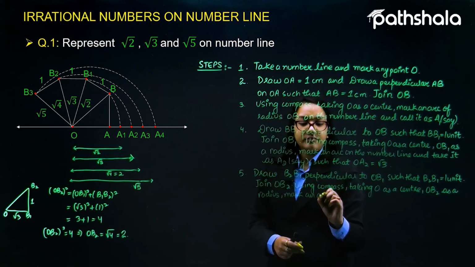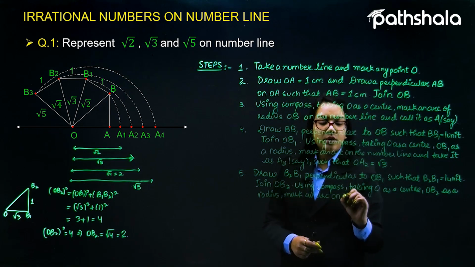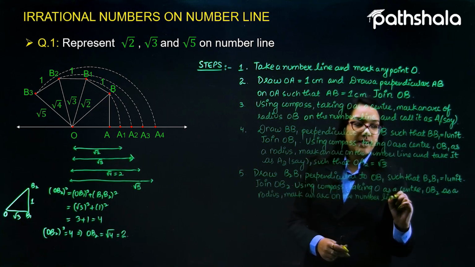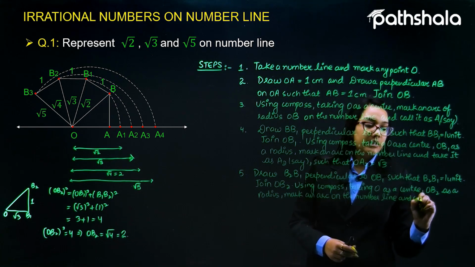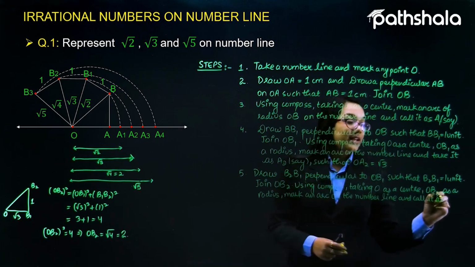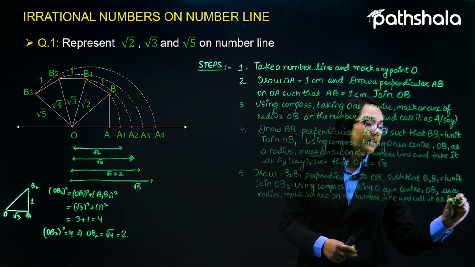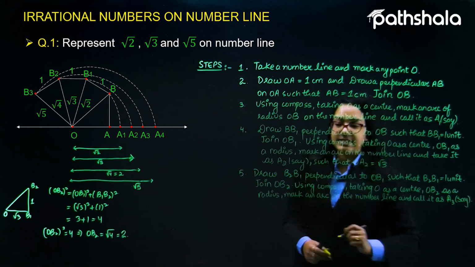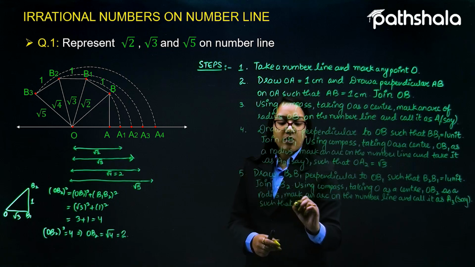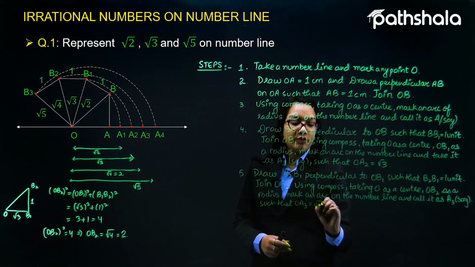Mark an arc on the number line and call it as A3, such that OA3 is nothing but root 4.